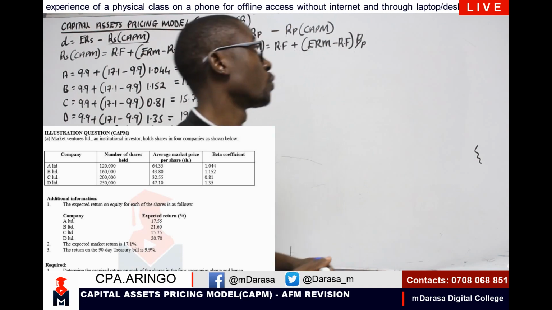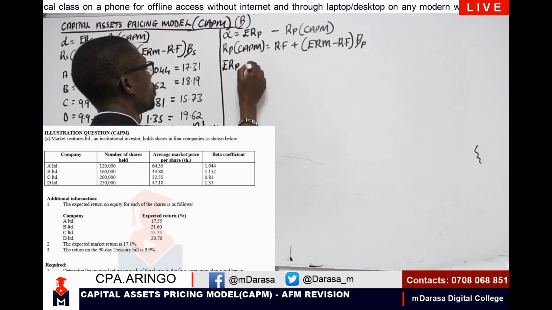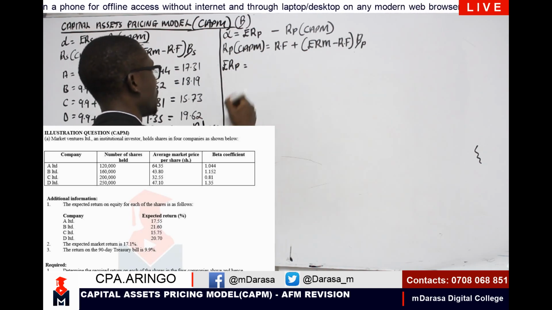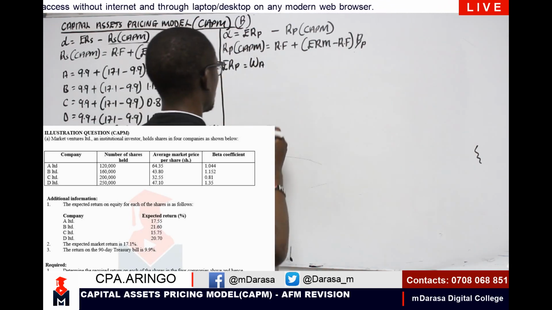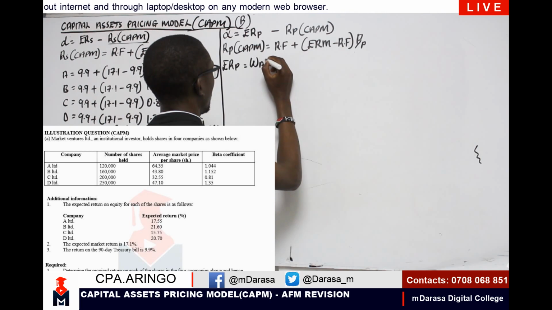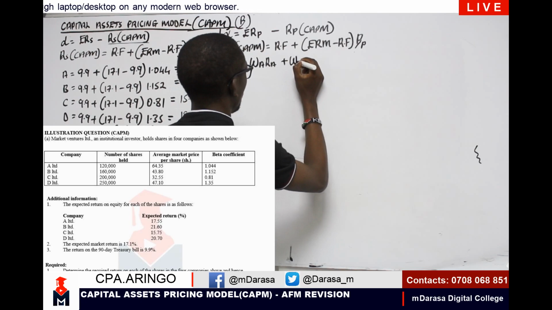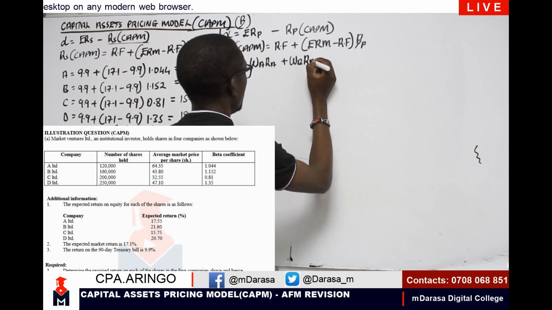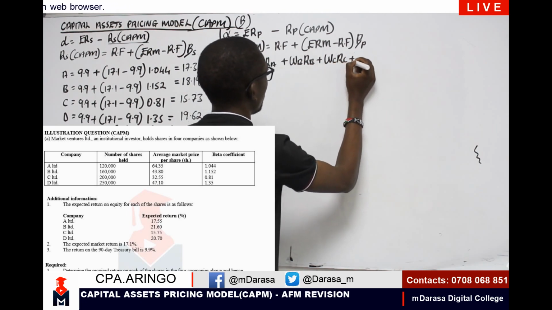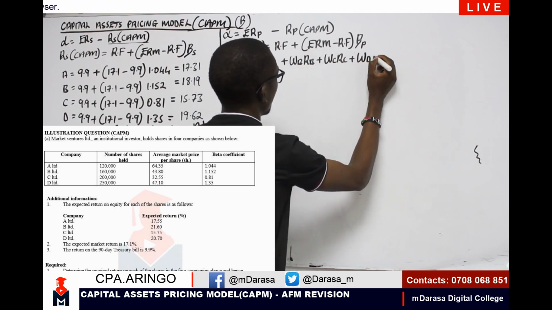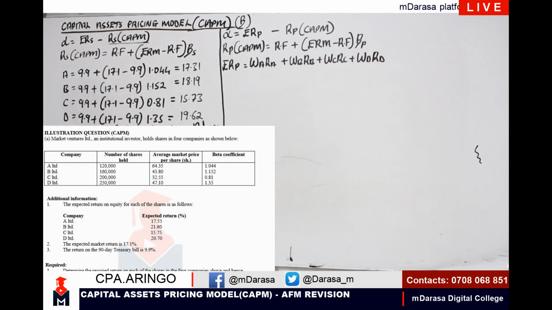Recall, for us to determine our expected return of our portfolio, we'll always be having the weight of A multiplied by the return of security A, plus weight of B, return of B, plus weight of C, return of C, plus weight of D, return of D. That is very important for us to always note.